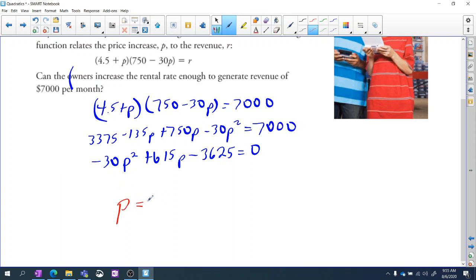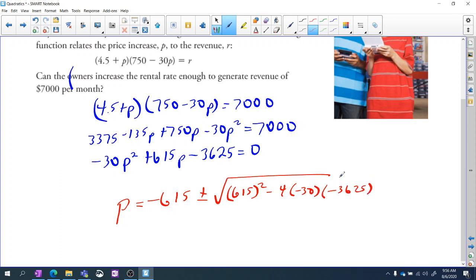P equals negative b plus or minus the square root of b squared, subtract 4 multiplied by a multiplied by c, divided by twice a. And I'm going to see what I get here. So negative 615 plus or minus. I'm going to go do that calculation now.